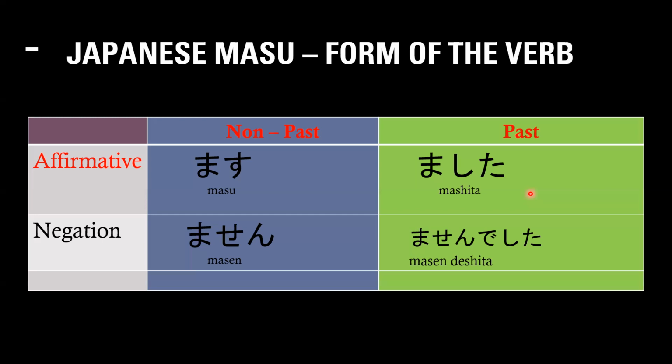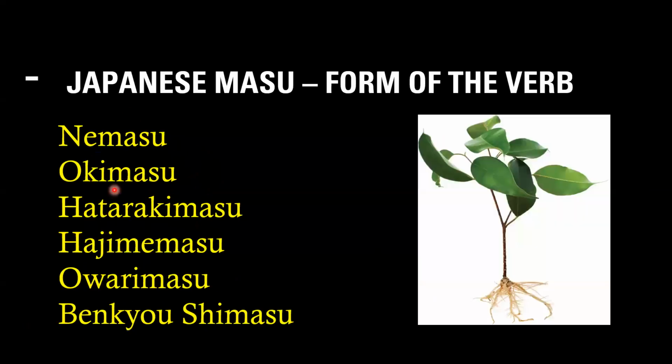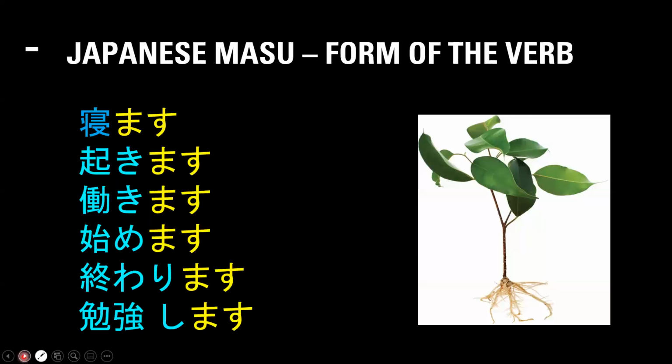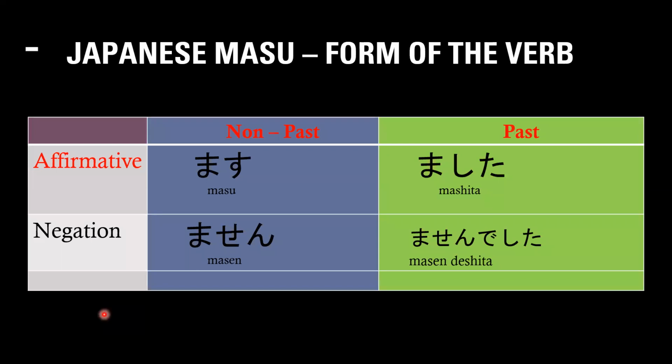For Japanese, we add it directly with the verb. So papalitan mo yung stem instead ng masu or mashita, you remove the masu or mashita and then replace it with masen, which is negative. So pag sinabi mong nemasen, okay. So papalitan mo yung masu na to, no? So pinalitan mo siya at ginawa mong masen, it means to say I will not sleep or hindi ako natutulog.